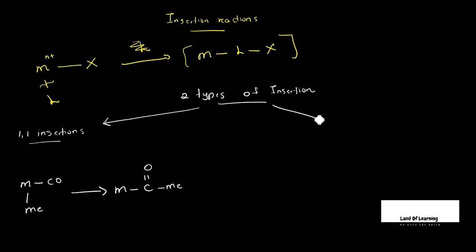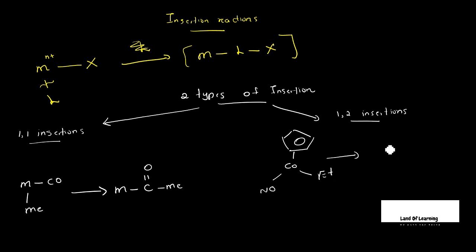And the second type is 1,2 insertion. In this case, I will take an example like this one, cobalt, and we have ethyl.